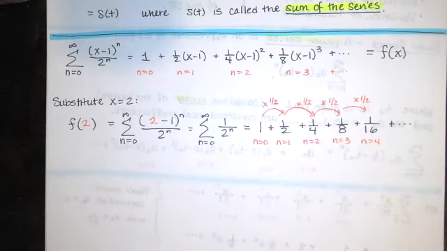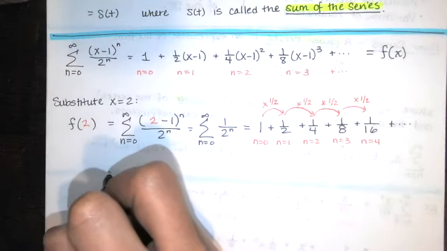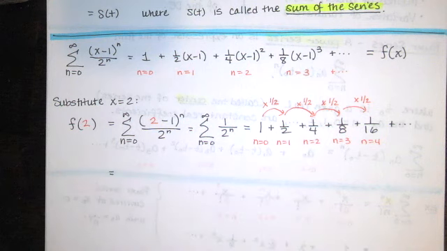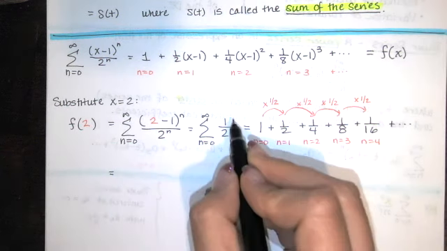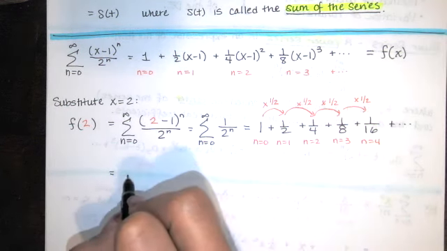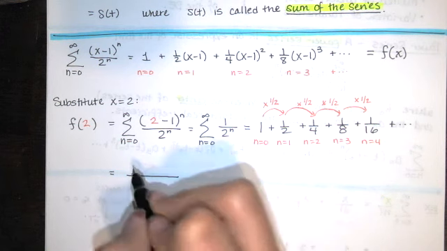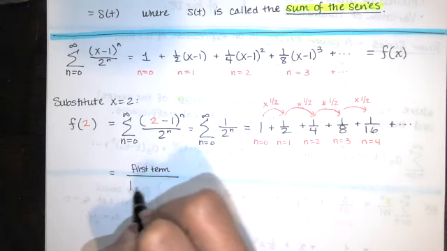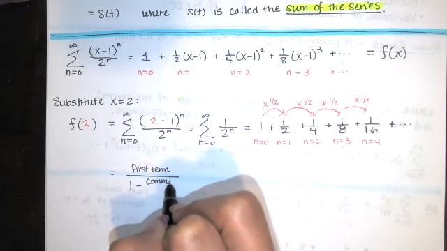Now, back in calculus 2, you learned this. Hopefully your teacher gave you a proof of this in class, or you went through the derivation for the sum of a geometric series. We said a geometric series will converge to the first term over 1 minus the common ratio.